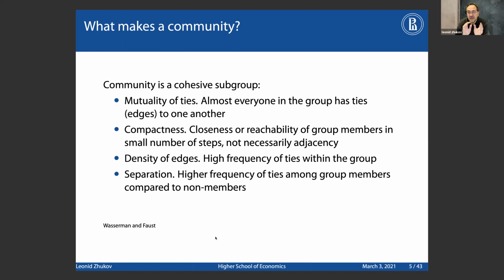Not necessarily everybody has ties to everybody, because if that's the case, then you get a clique, a fully connected subgraph. It's still a community, but you don't get that very often. So we expect a lot of direct ties between members of communities, but not necessarily all of them. And that's pretty much the same as the second point, that every node is almost reachable from each other node.